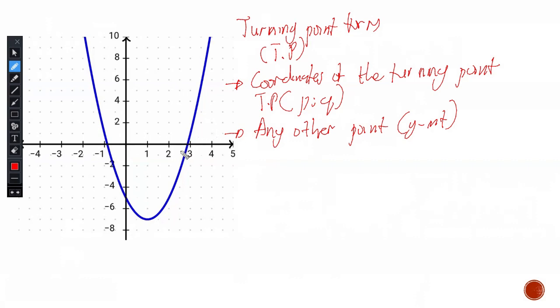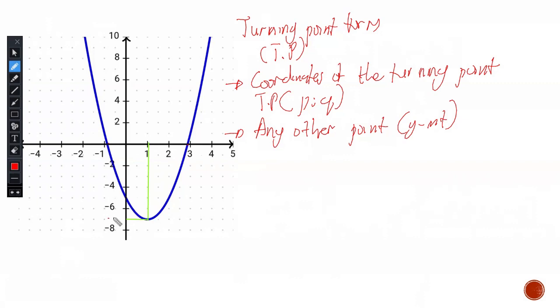Now, you can see that if we were to use the intercepts here, we do not really know the intercepts. As you can see, it is not exactly cutting at -1, and it's not exactly cutting at +3. So it is impossible for us to use the x-intercept. But it is possible for us to use the turning point, because as we can see here, this is the x coordinate of the turning point, and right here, this will be the y coordinate of the turning point.